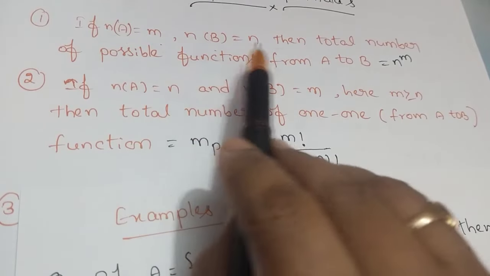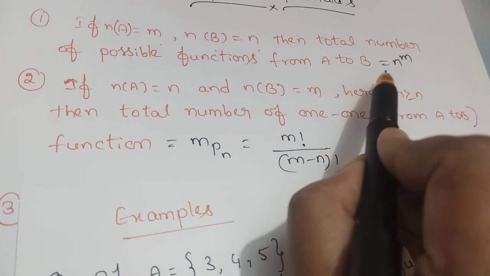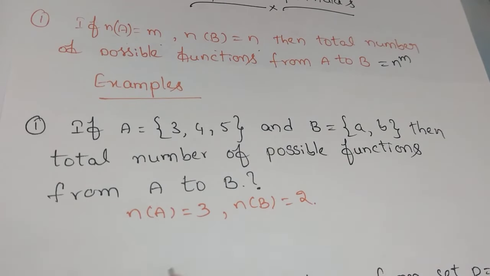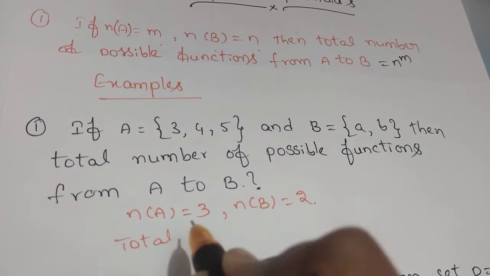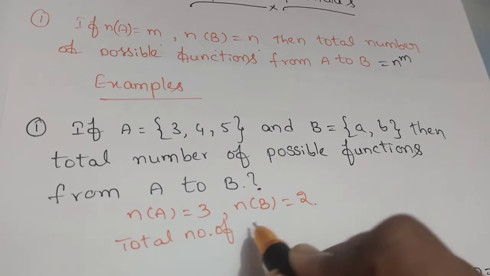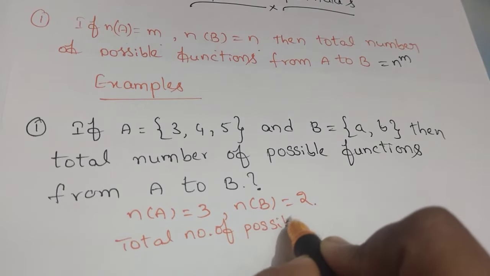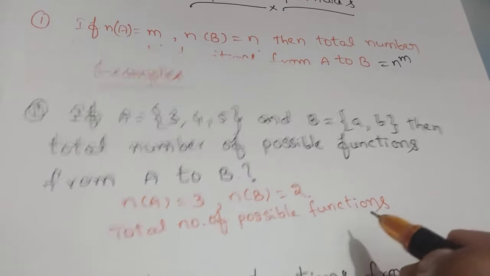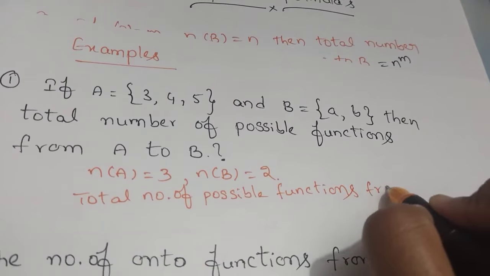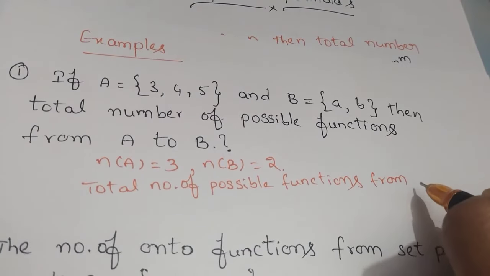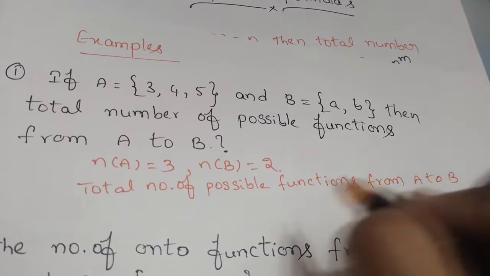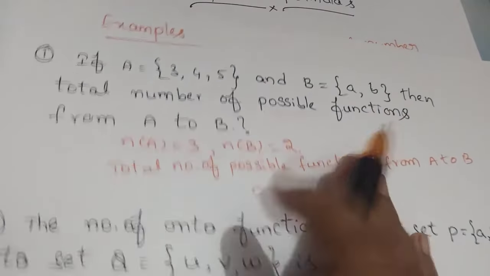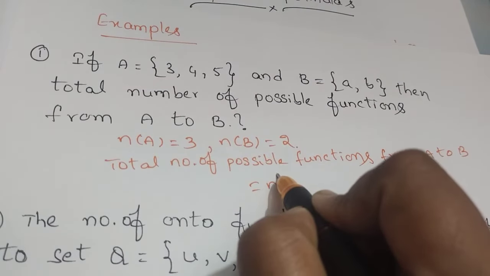n of A, n of B, total number of possible functions from A to B. The formula is n power m. So the total number of possible functions from A to B is equal to n power m.